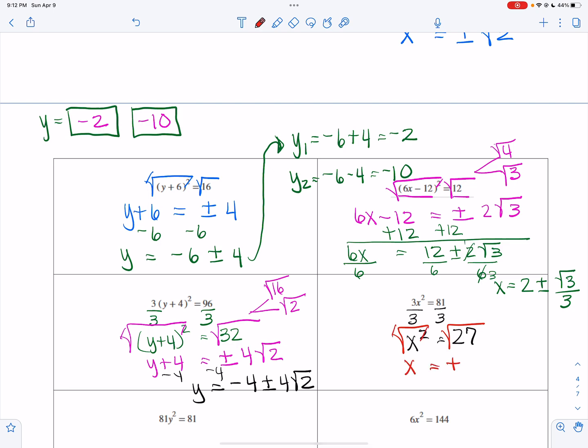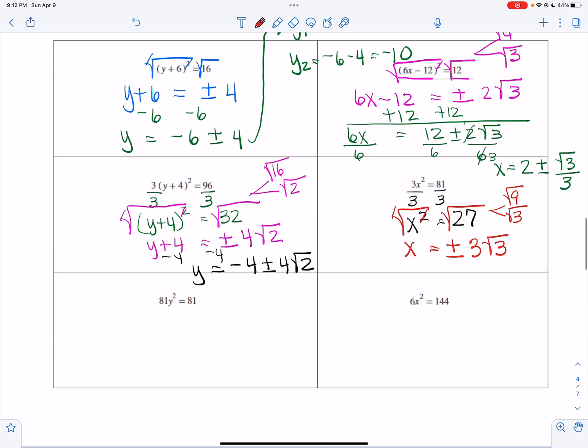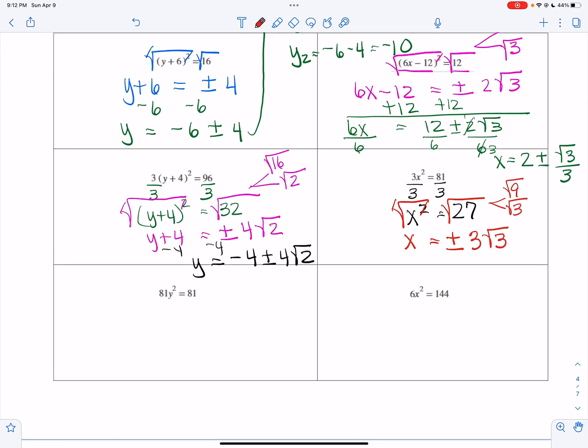X equals plus or minus, 27 is 9 times 3, and the square root of 9 is 3, and the square root of 3 stays in. So plus or minus 3 radical 3. Okay? And the reason that we do this square root property is because when we do the next section, you're going to have to get to this stage where you can use this square root property.